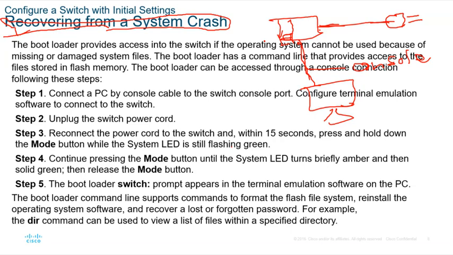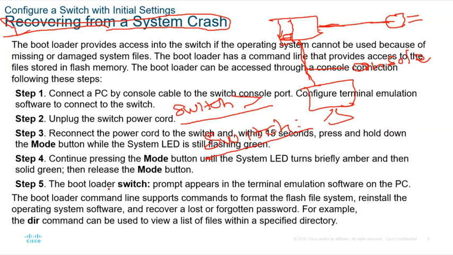Step number 5, the bootloader switch prompt appears. So instead of it booting with this prompt, switch, which is the normal one, this time it will load with a different prompt, meaning that the mode has changed.